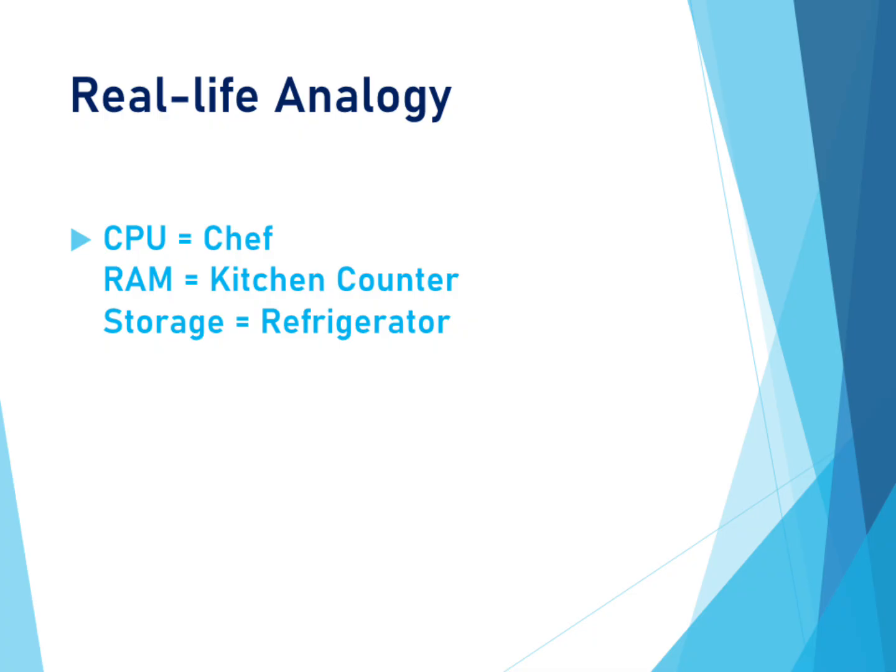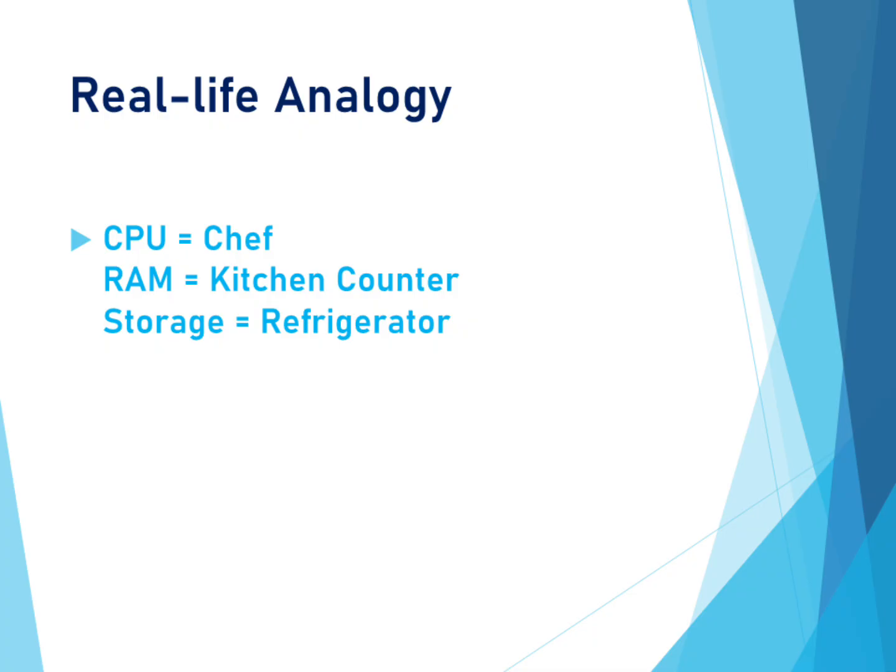The refrigerator represents storage because it keeps ingredients safely for long-term use. The spice box beside the chef represents cache memory because frequently used ingredients are kept within easy reach. This example clearly shows how all these components work together in a computer.